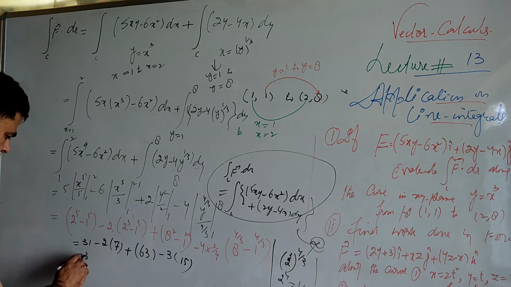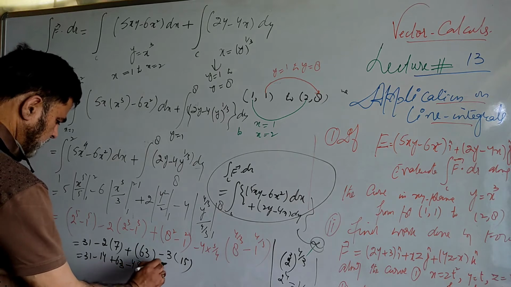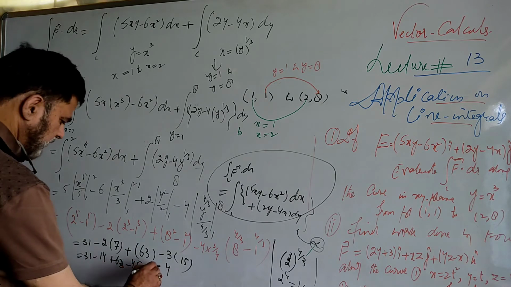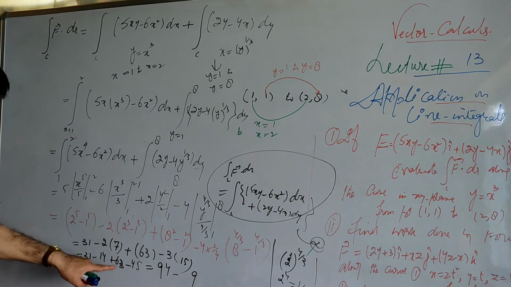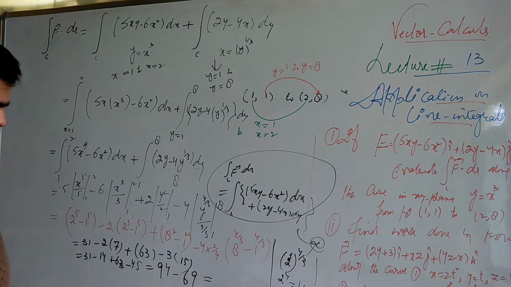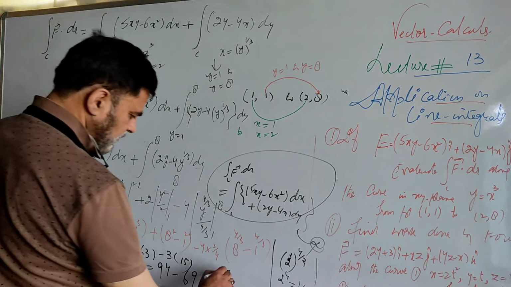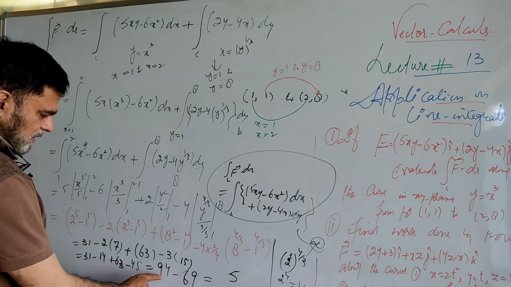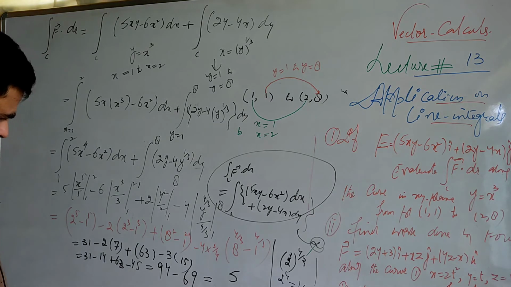It is 31 minus 14 plus 63, 63 minus 45. Now take 9 from the 14, it is 5.